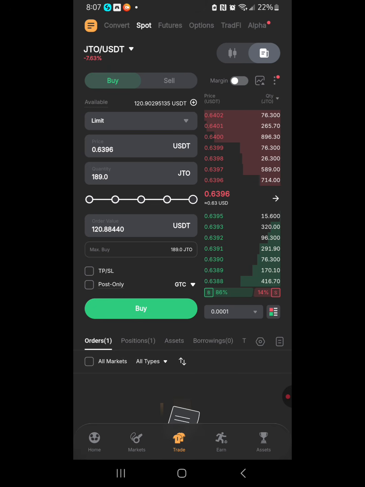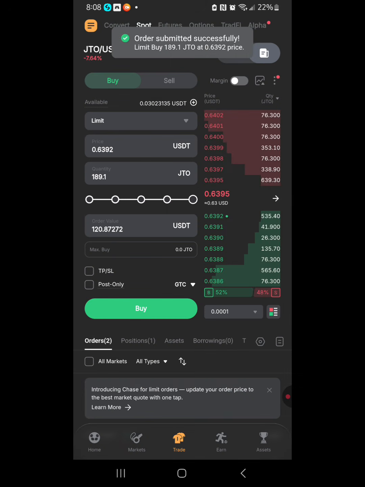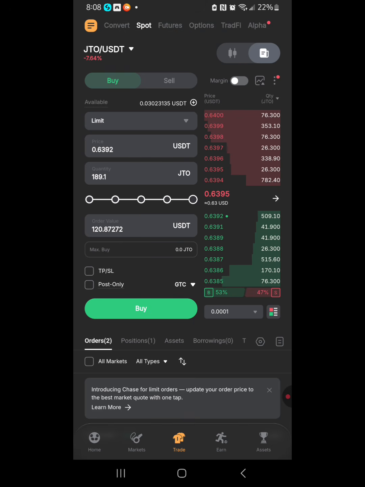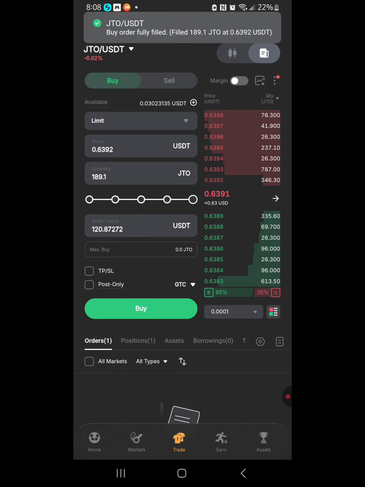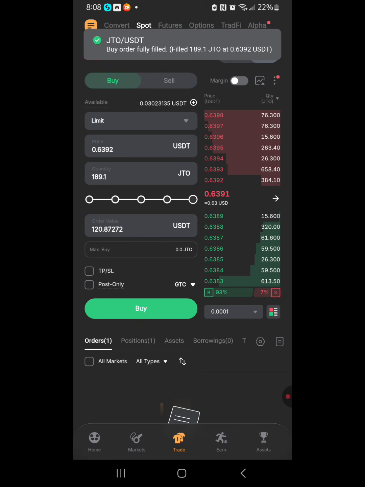So let me quickly place my limit order. I do prefer using limit orders in most cases for some of this trading, so that we can buy it at the price it was intended to be sold for.